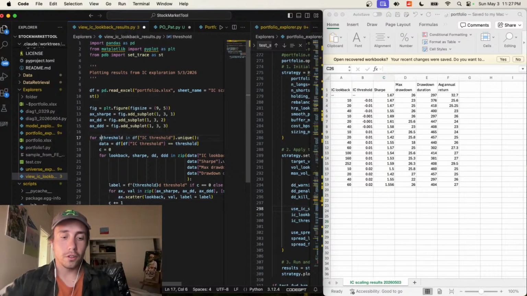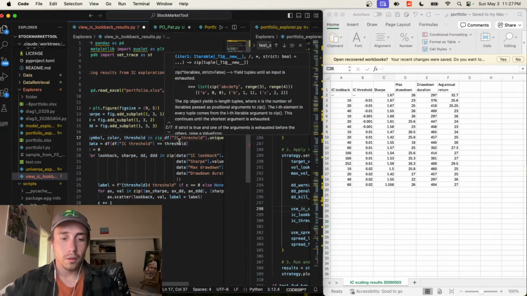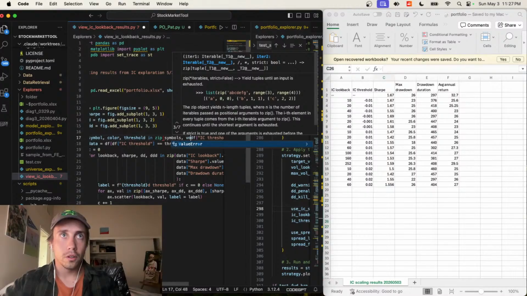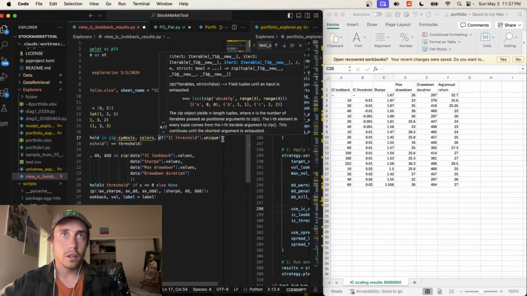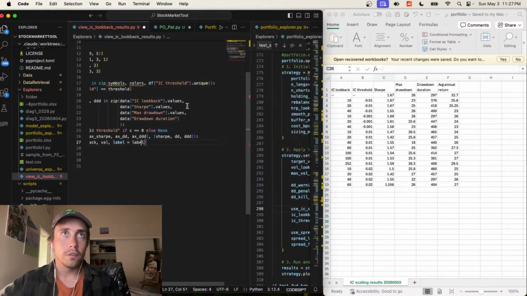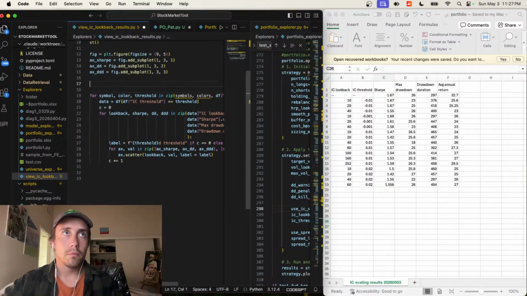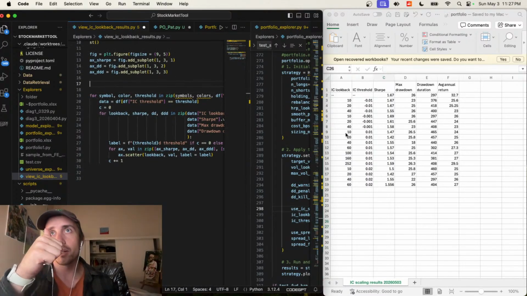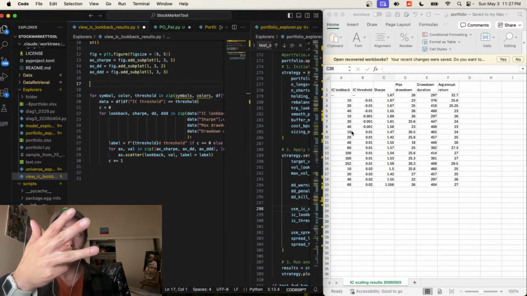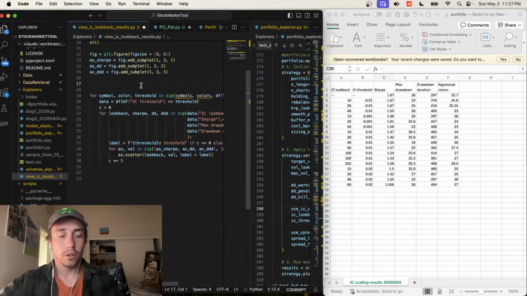So let's say for symbol, color, threshold in zip symbols, colors, then these guys. So how many different thresholds do we have? Minus 0.01, minus 0.001, 0.01, 0.02. So 4 thresholds.